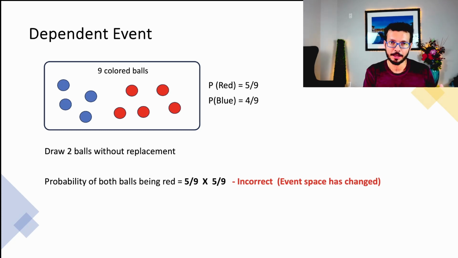The probability that it was red for the first draw is 5 upon 9, as we have seen. But the probability that it is going to be red is not 5 upon 9 again for the second draw, because your event space has changed since you have already withdrawn one ball. So you are one ball less. The overall number of balls in that box is just 8 now. And that's why you cannot multiply probability of A and probability of B together to get probability of A intersection B. So this is a classic example of dependent events.